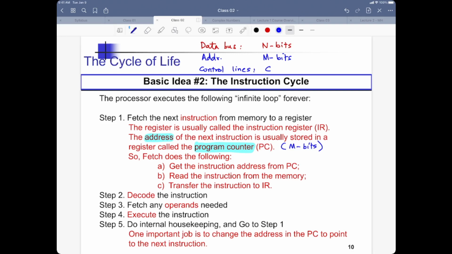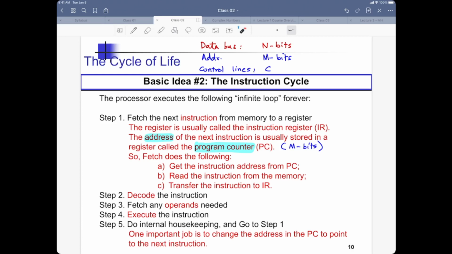So the register in which you load the instruction itself is called the instruction register, or IR. Now, the IR has two fields in general. The first field is the opcode, which means what is the instruction that you want to do?